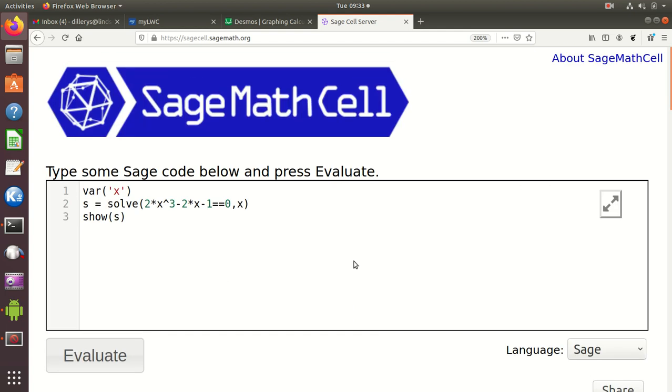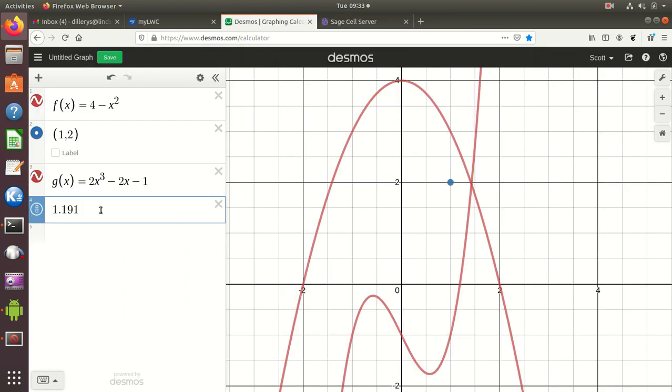So yeah, I wouldn't have gotten that. Possibly you all would have. Who knows? But I would not have gotten that. And so we'll just stick with our Desmos solution, 1.191, and so that is our x value, and so I can actually plot that point.